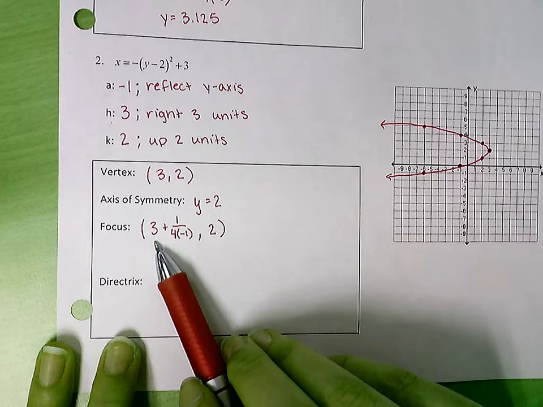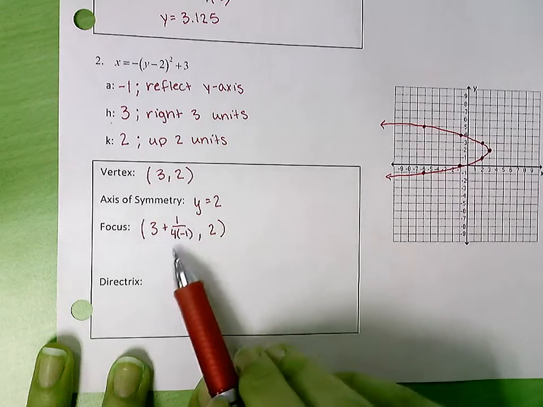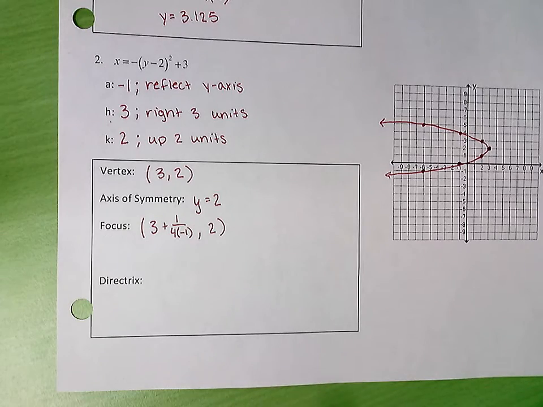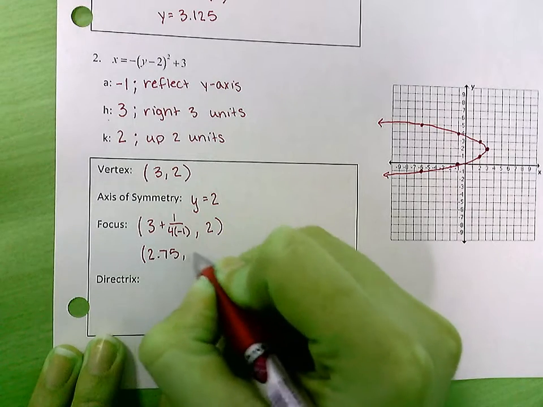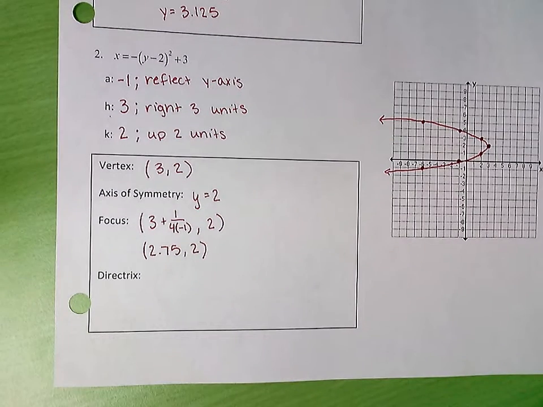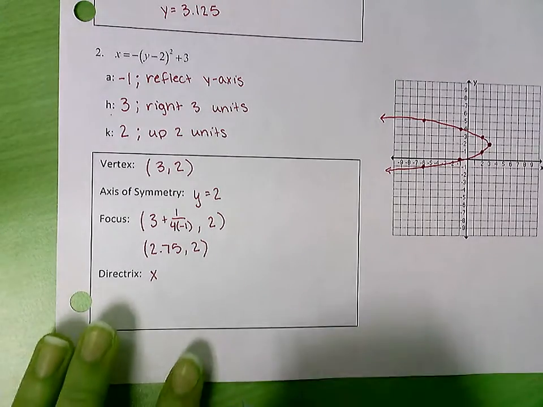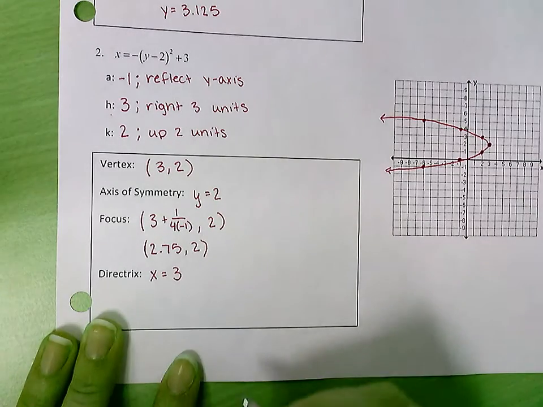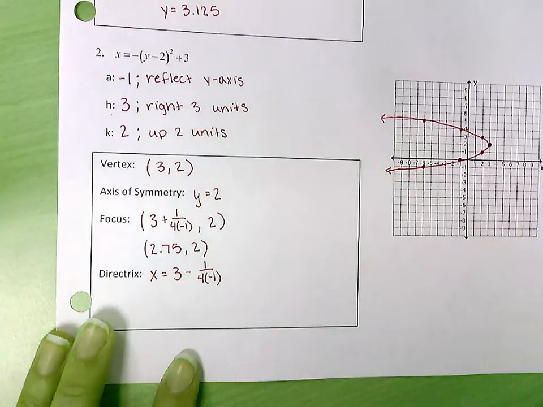So, we're almost done. We have 3 plus 1 over negative 4, so negative 1/4. So our focus point will be at 2.75, 2. And our directrix, if I'm looking at my formula, we have x is equal to our h value, 3, minus 1 over 4 times a, negative 1.